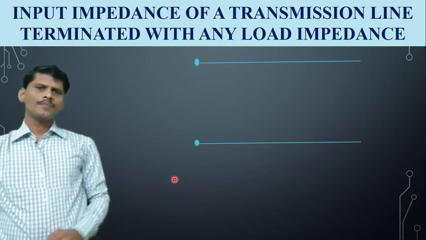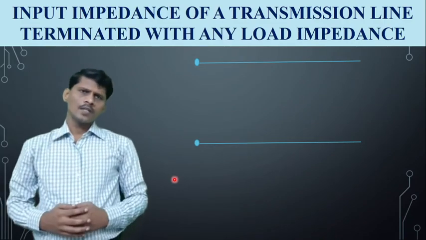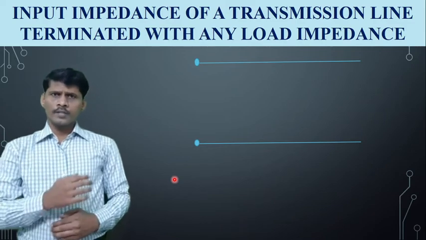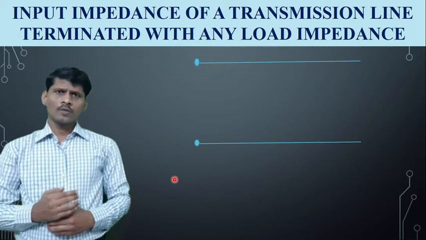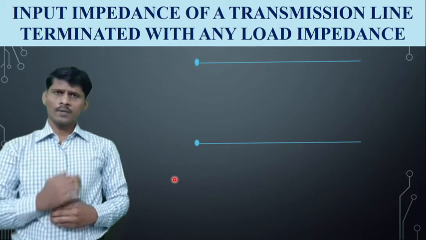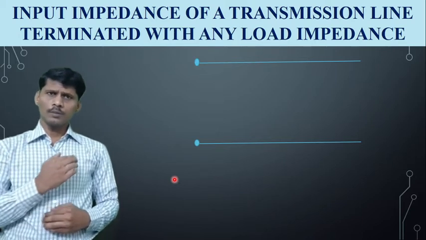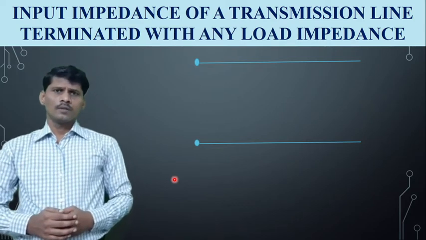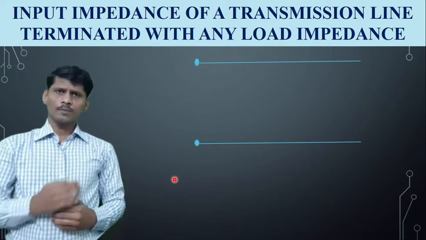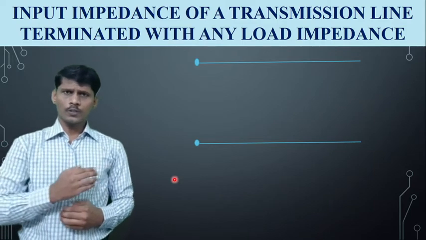Hi everyone. In the previous class we discussed the voltage and current expressions: V equals A e power minus Px plus B e power Px, and the current equation I equals C e power minus Px plus D e power Px.